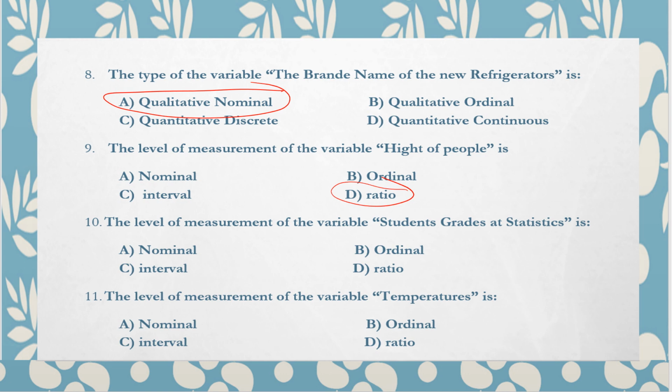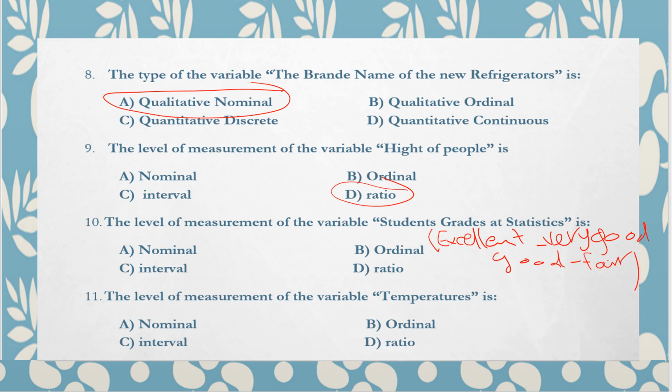Question 10. The level of measurement of the variable students' grades at statistics. Students' grades means excellent, very good, good, and fair.